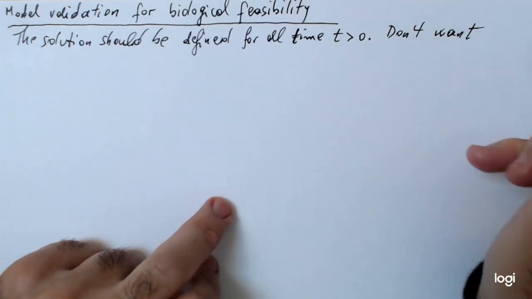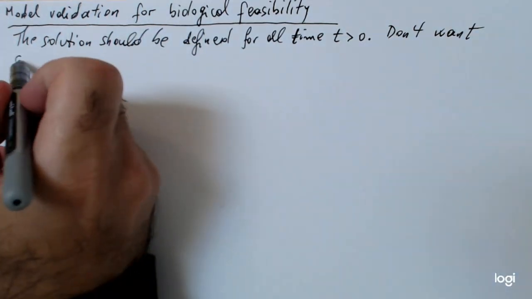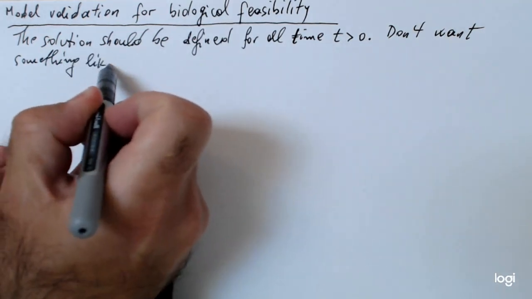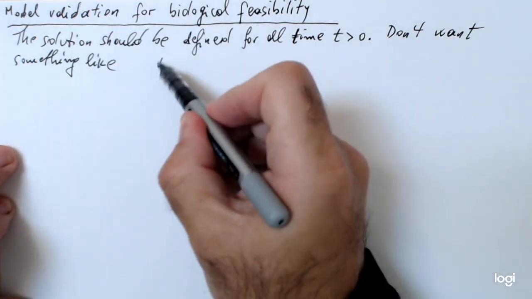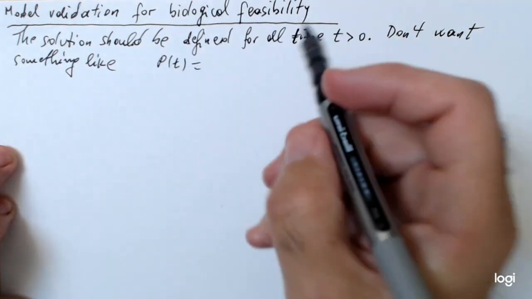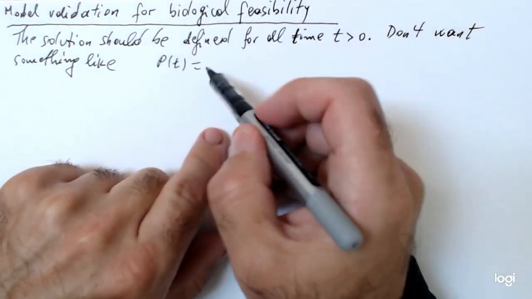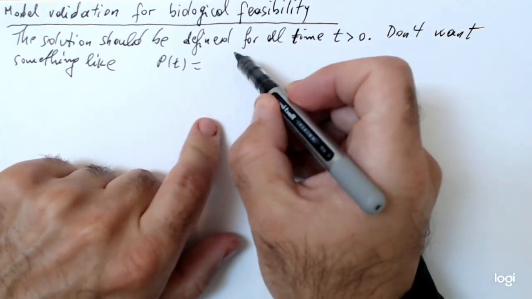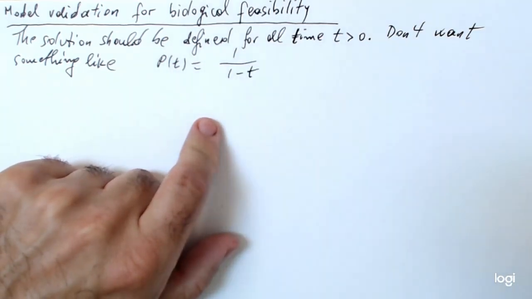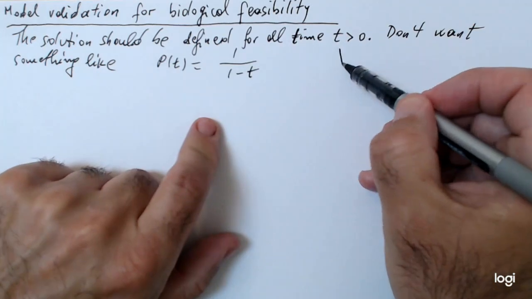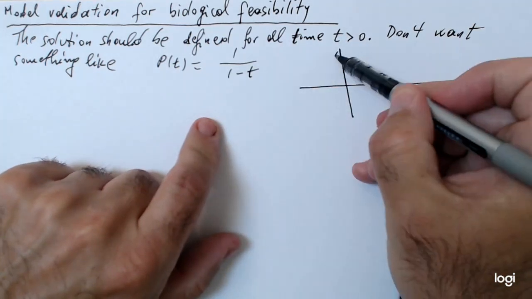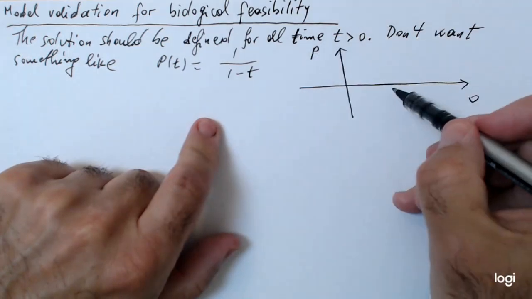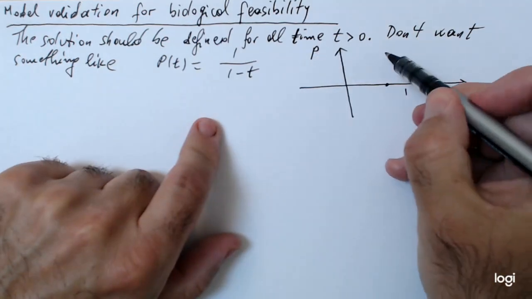For example, you don't want, let's say, something like this. Let's say a population that has a vertical asymptote. So let's say P of t, the solution of the model, is something like 1 over 1 minus t. Now, if you were to sketch the graph of this function, there's a vertical asymptote at 1.